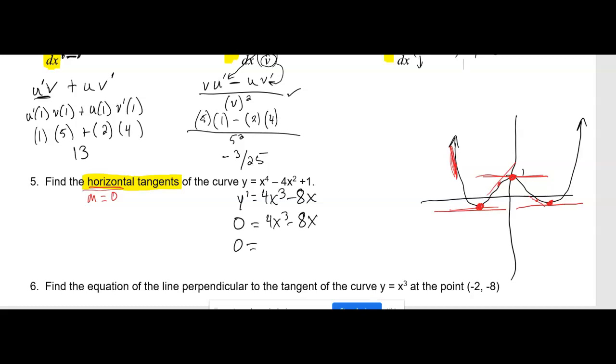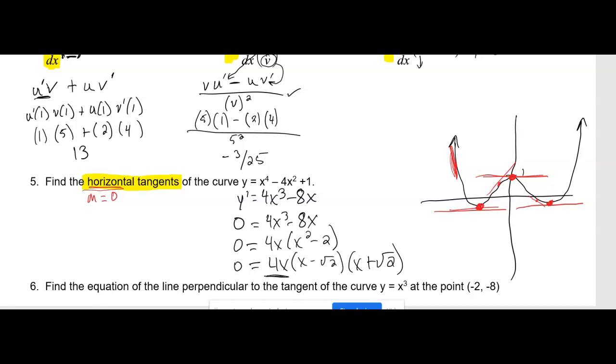From here, we can now solve this. We'll pull out a 4x, that's our common factor. We'd be left with an x squared minus 2. Continue factoring. It's not a perfect square, but we could definitely do x minus root 2, x plus root 2. Anything's a square of something, right? So we can do x minus root 2, x plus root 2.